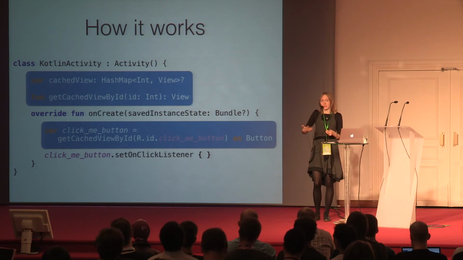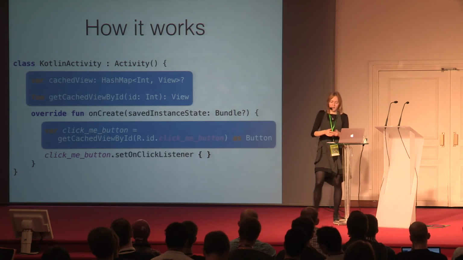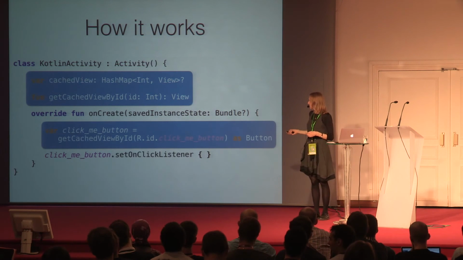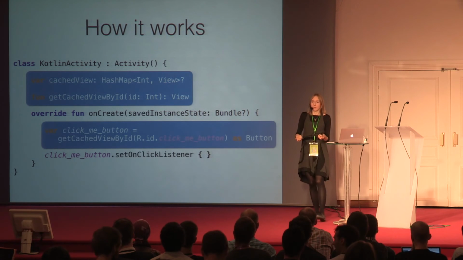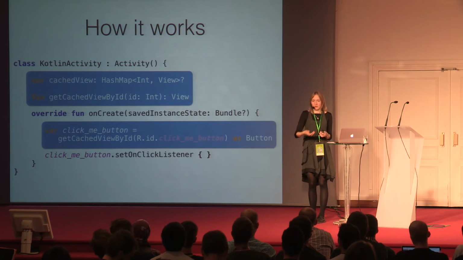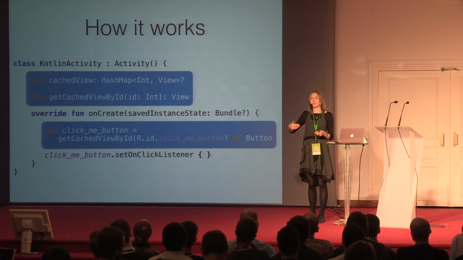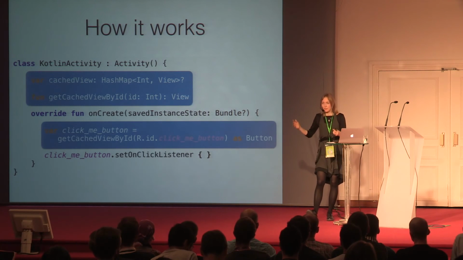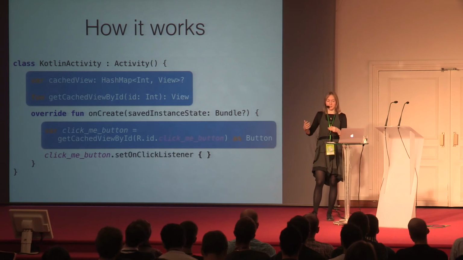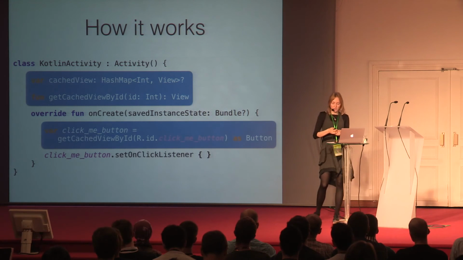It is initialized lazily if you invoke some of your IDs from your code. There is a special function, get cached view by ID, that works as expected. Beneath it, it invokes the classical get view by ID and then caches the result in this map.